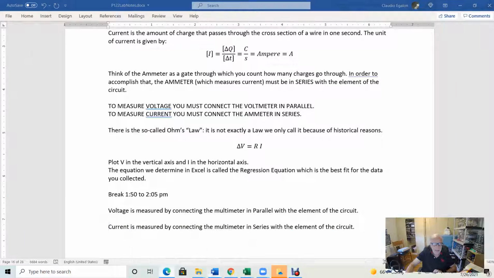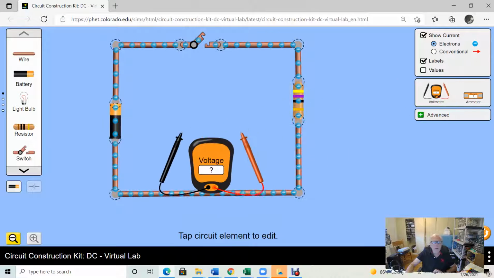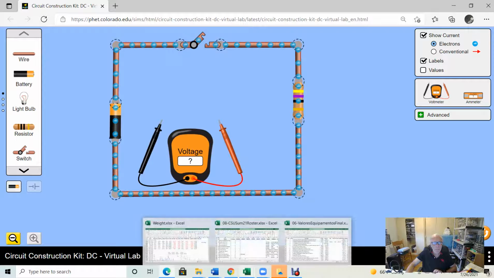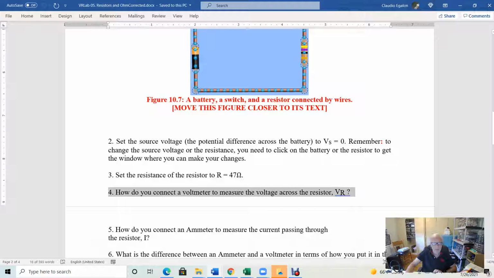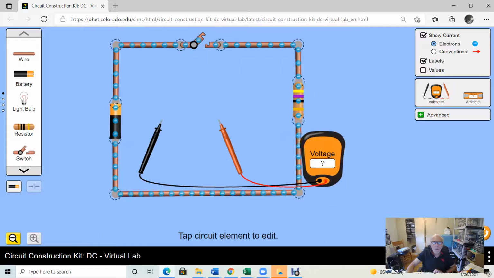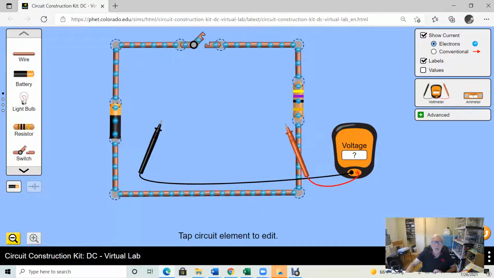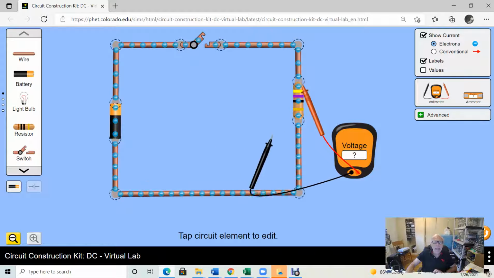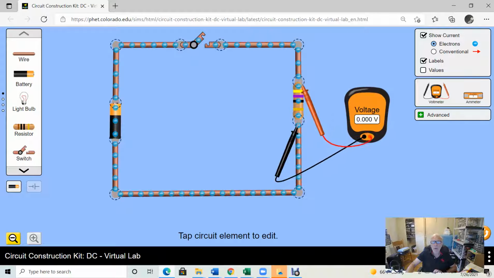We are going to get the voltmeter. Here you go, voltmeter right in here. How do you connect the voltmeter to measure the voltage across the resistor? Here's my resistor. So I'm gonna put the voltmeter here. You connect at the ends of the resistor. We're measuring the voltage right now.